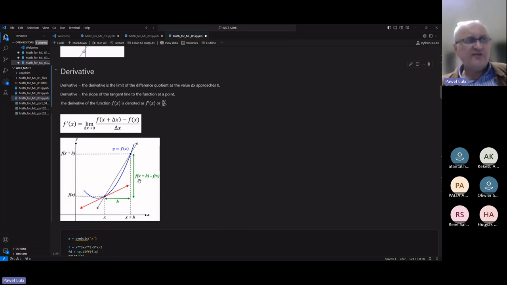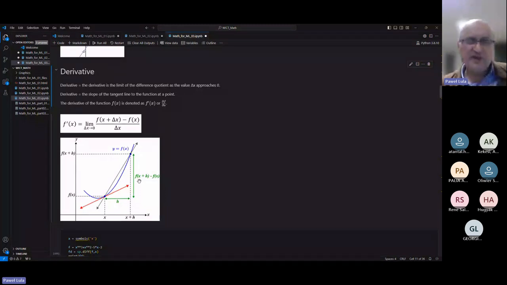So we see that these two terms, difference quotient and derivatives, are very strongly connected. The derivative is a limit of a difference quotient as delta x, or the h value, approaches zero, where x or delta x or h is very, very close to zero.